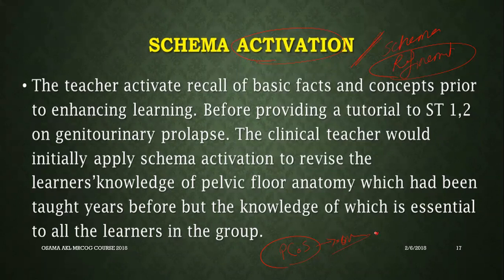So I will start first to talk about the physiology and anatomy of the ovary. Although my topic from the start is polycystic ovary syndrome, I will start first to talk about physiology, anatomy, and the basic science of this topic.